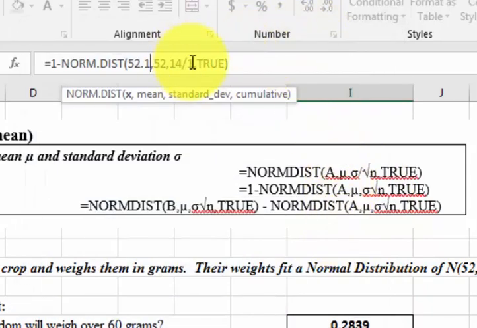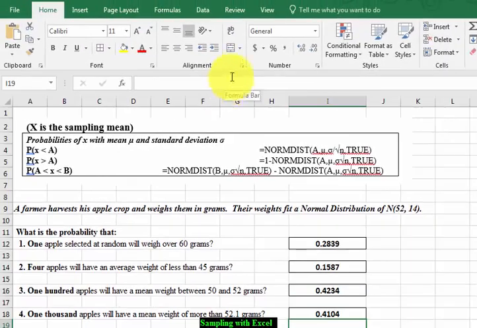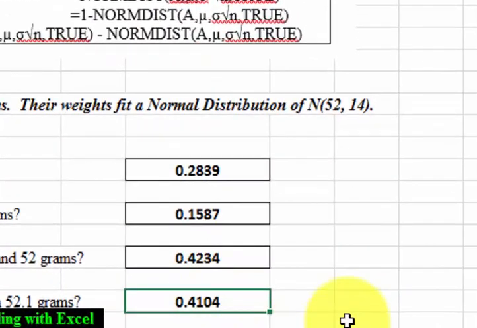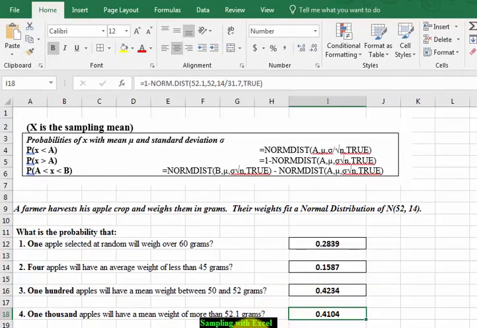So we divide 14 by 31.7. The rest of that is the same. There's your probability that the average weight of those 1,000 apples will be greater than 52.1. Again, 52 is the mean, so you should expect that to be close to half, and it is. Okay, so that's how you do this one.